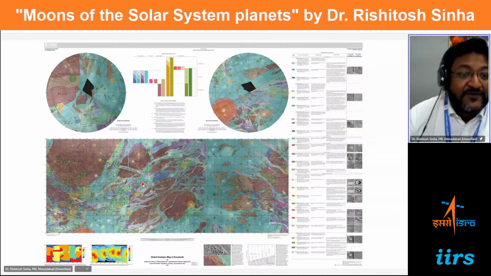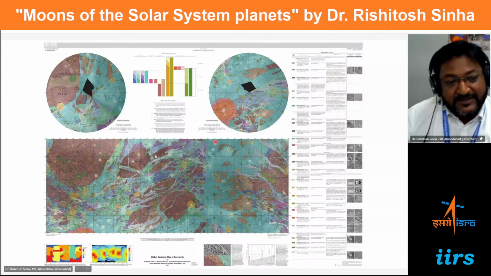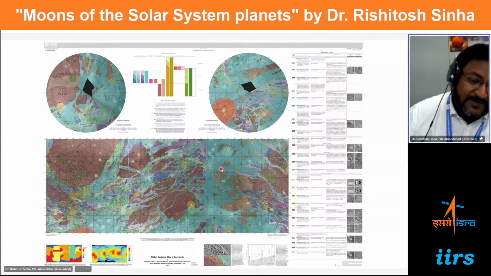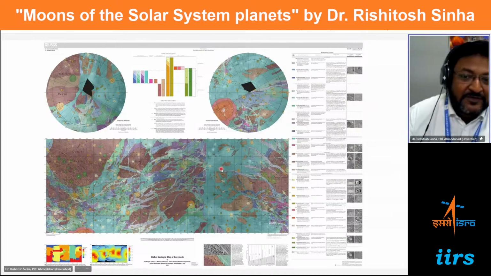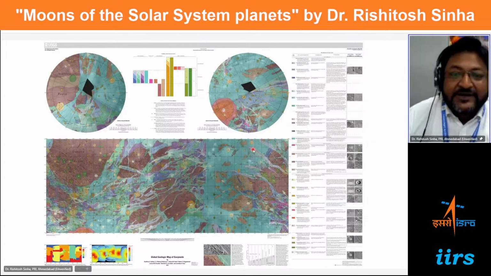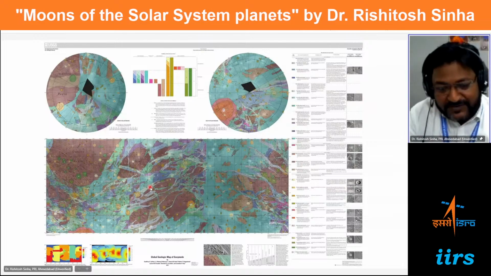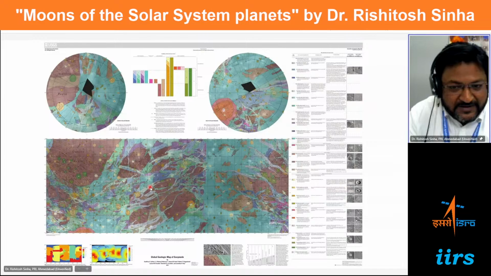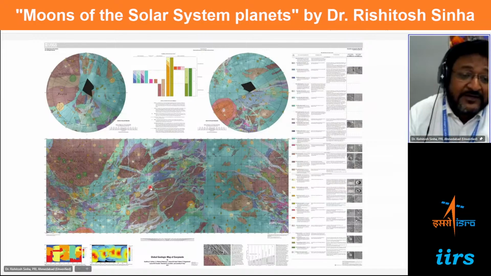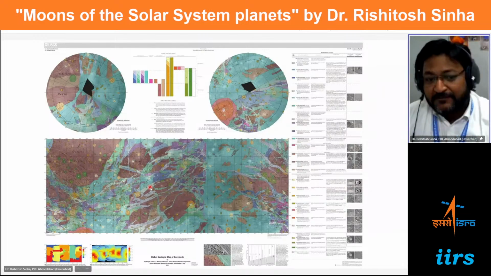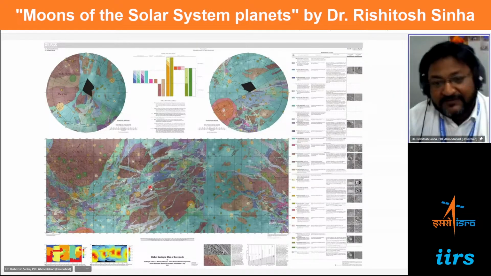This tells us the level of confidence that we have in terms of exploring the Galilean moons in our solar system, at least Io, Europa, and Ganymede. This also boosts my confidence to look at the datasets of these moons and see how different these morphological and geological features are with respect to the geological features that we see on Mars, Moon, Venus, and Mercury. Why is this important? We already know that there are some planetary bodies which have preserved old surfaces, but here we see an old surface as well as a young surface.